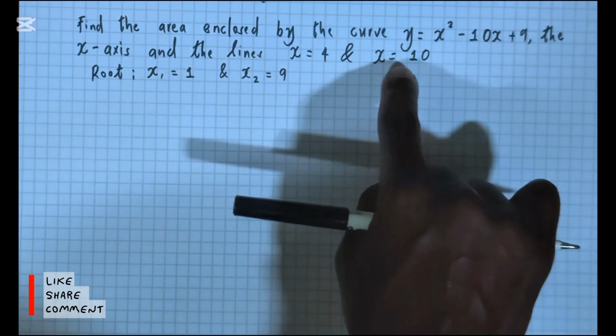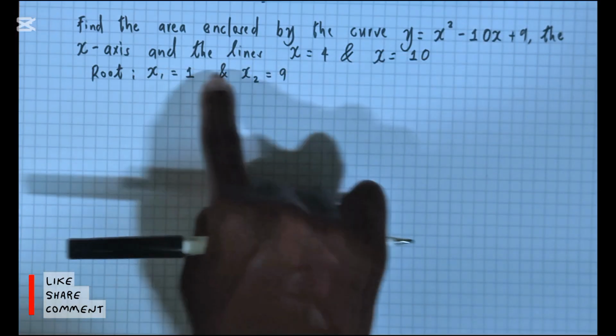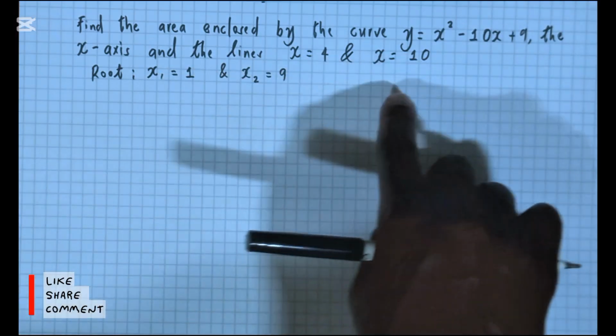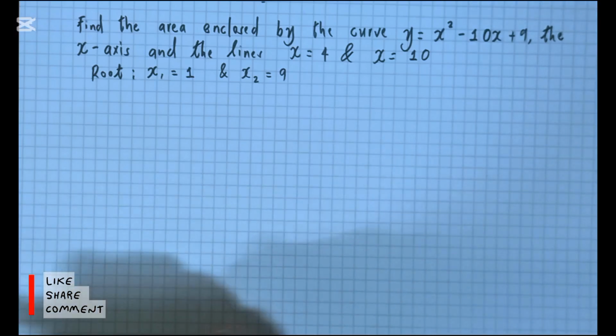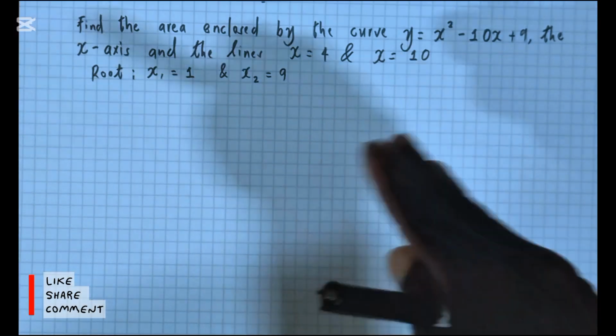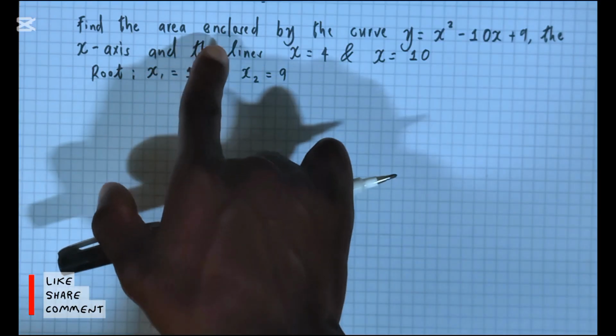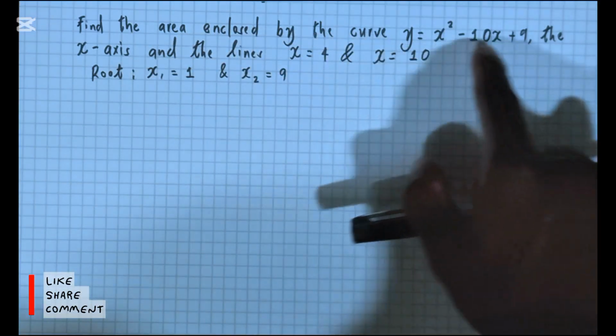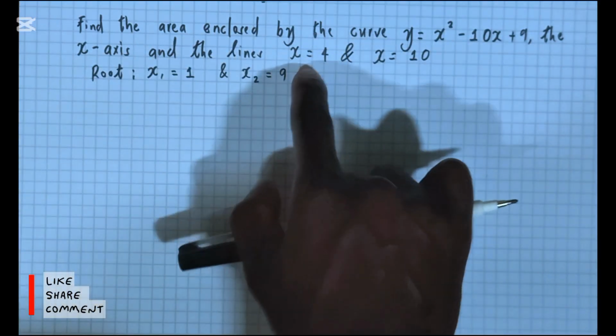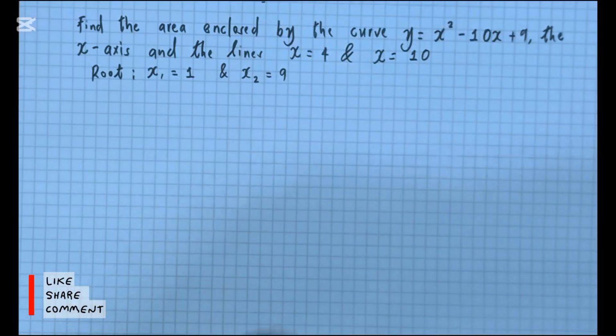Since 10 is not between 1 and 9, it is out of bound. So we're going to have two segments enclosed by this curve, the x-axis and the two lines x = 4 and x = 10.